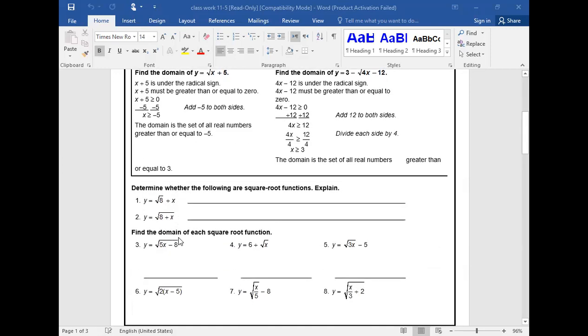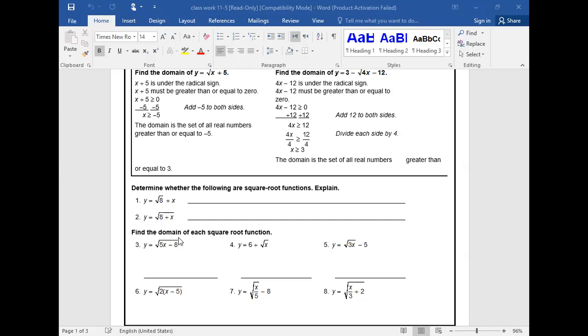Now we have an exercise. Determine whether the following are square root functions and explain. For the first question, y equal to square root 8 plus x. X here in this question is not under the square root sign.